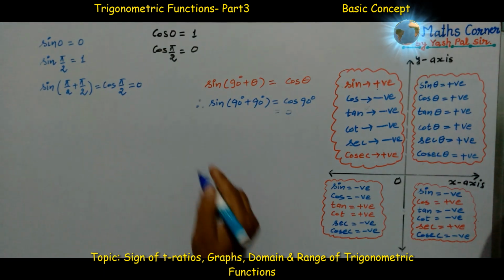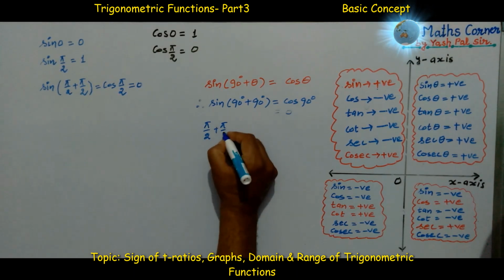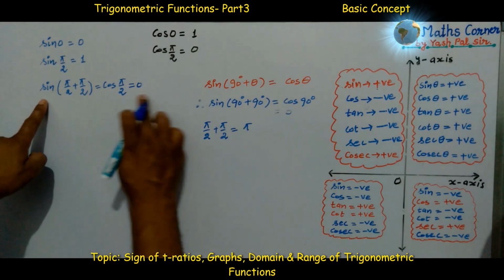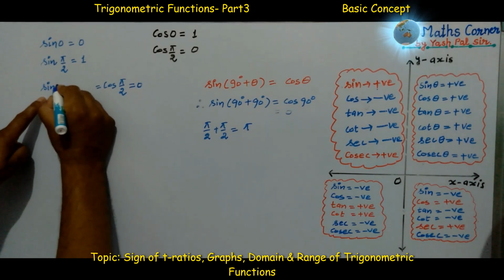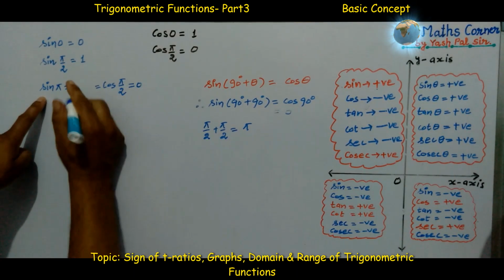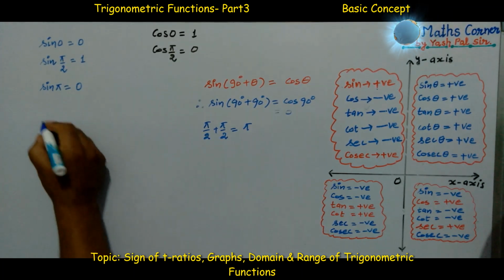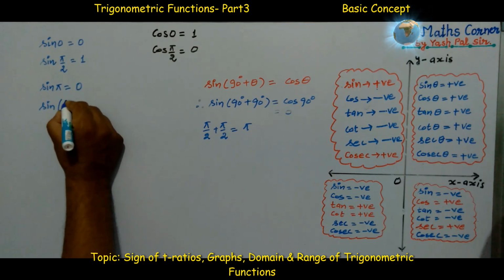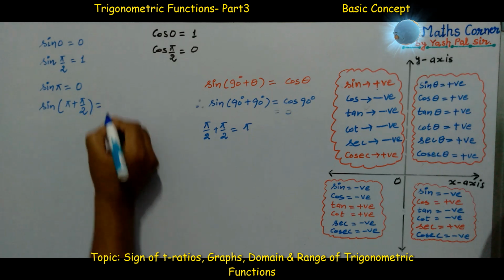Now pi by 2 plus pi by 2, it mean 2 pi by 2, that is pi. So what value we have now? Here this becomes sine pi, and its value we have got, the answer is 0. Next again, sine pi plus pi by 2. So what happens now?